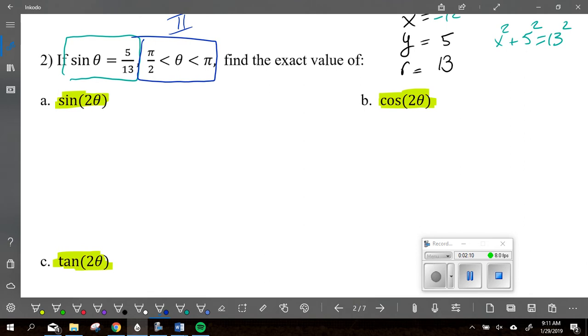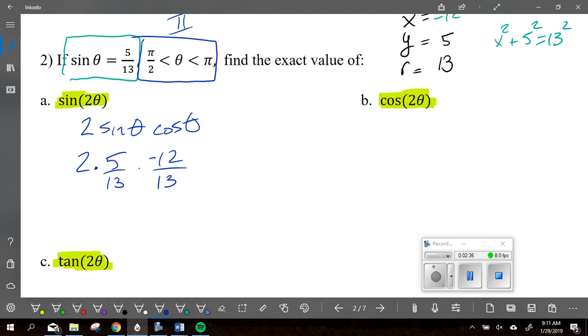So sine of 2 theta. If you take sine of 2 theta, we are going to use our formula. Our formula says 2 sine theta cosine theta. There's our formula. We are going to plug in what we need. So 2 sine theta cosine theta means I'm taking 2 times sine times cosine.